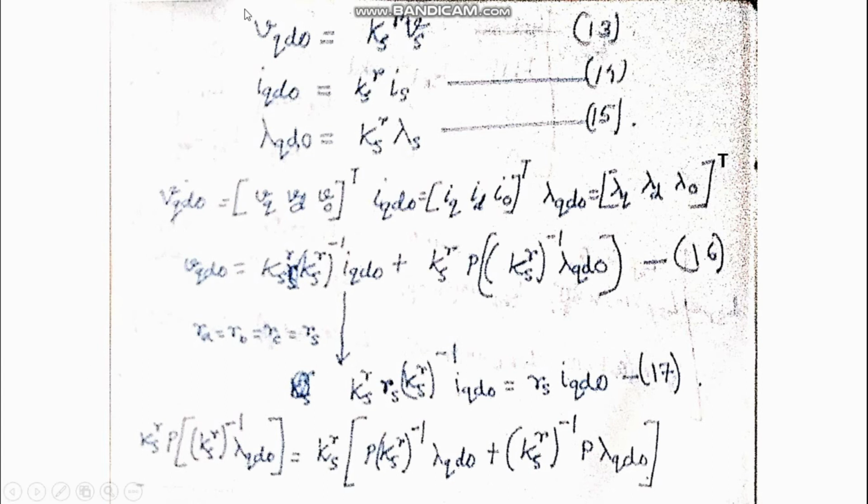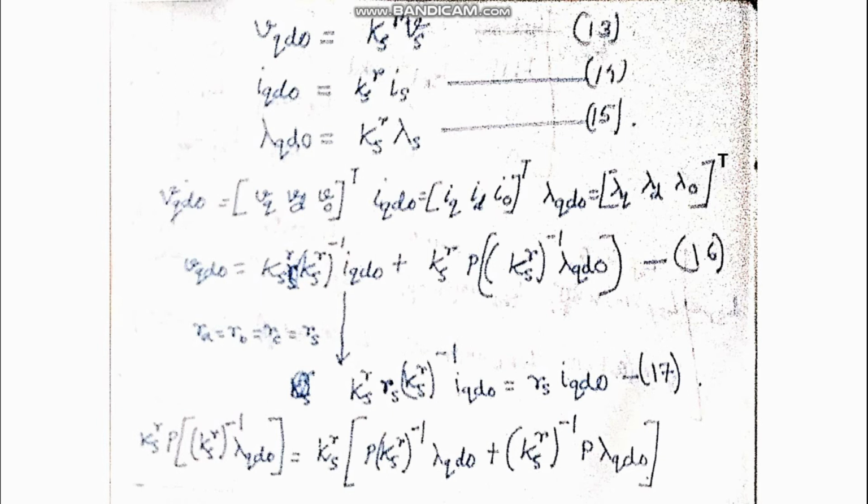Here, vqd, iqd, lambda qd0 - all these mean we are transforming stator variables to a rotating reference frame, that I have shown in my third slide, where the speed of that rotating reference frame is omega r. That means that rotating reference frame is locked with our rotor. Let us see how transforming our variables to that rotating reference frame can help us.